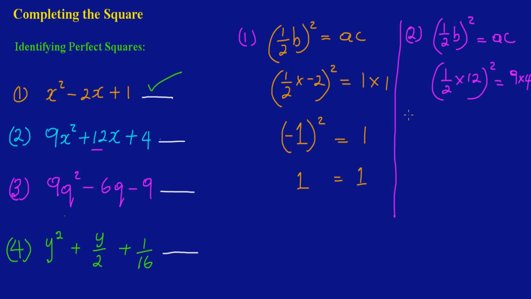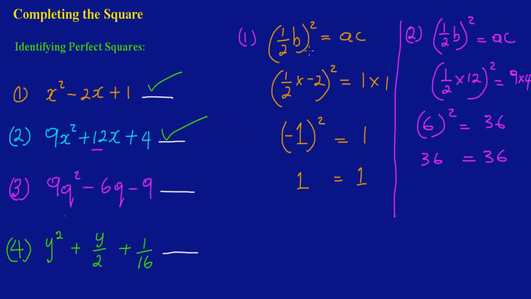Now half of 12 is 6, and 6 squared must be equal to 36. Now 6 squared is 36, and 36 is equal to 36. So again we have a perfect square, so let's tick that.